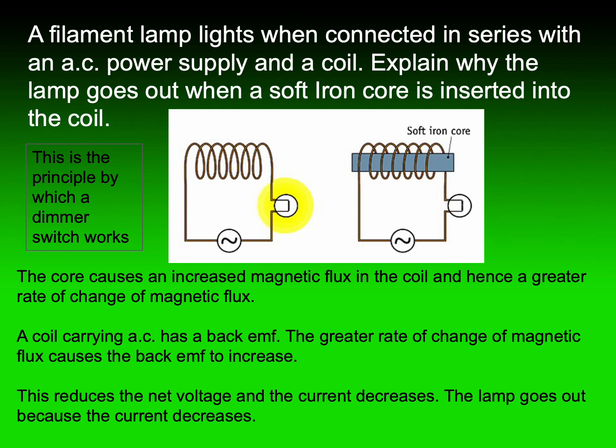So if you're applying a strong back EMF, that can be enough to, in some cases, totally dim or put out the light or change it to a dimmer value. And you do need to know an everyday use of an inductor. So if you were asked in an exam question to give a use of an inductor, the answer would be dimmer switches.